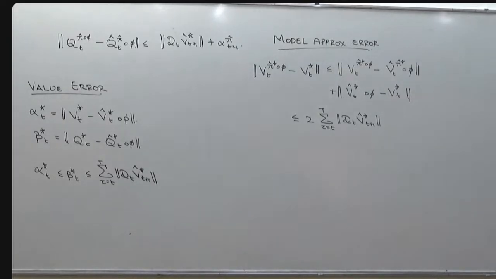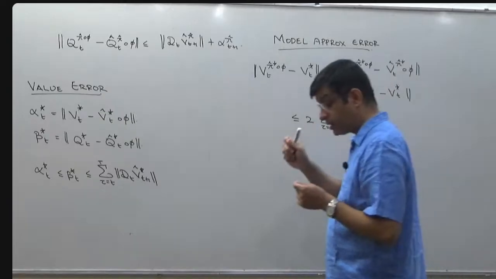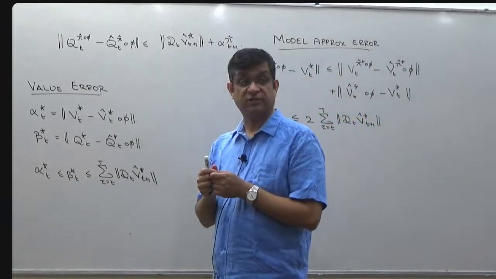Then I can use IPM style bounds to upper bound the mismatch operator. The catch is I'll have to now be careful in terms of how I define model error, because these things are over different spaces.